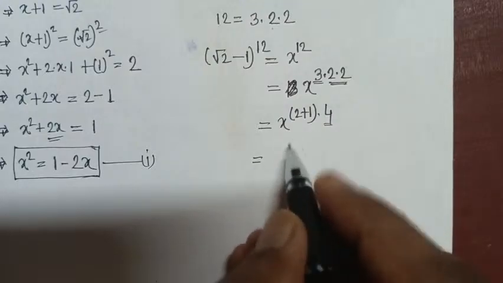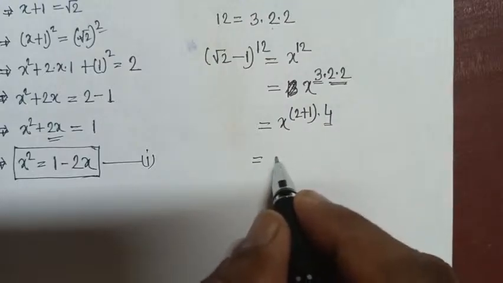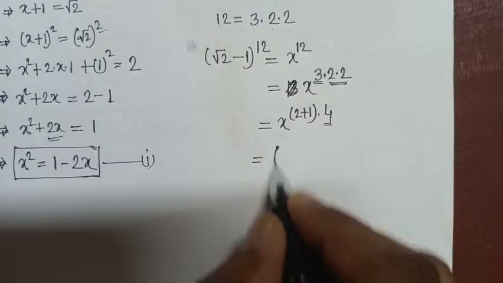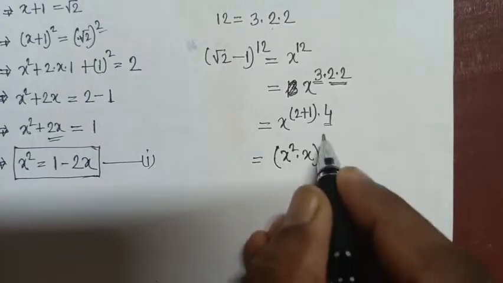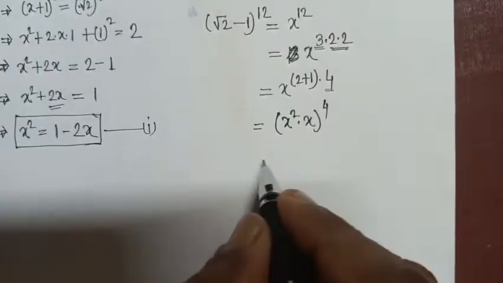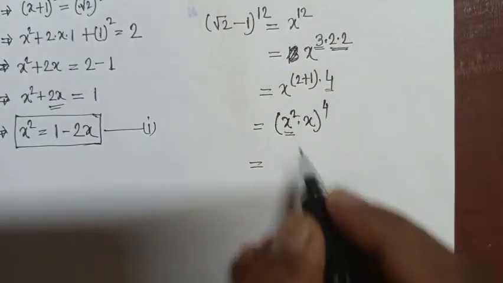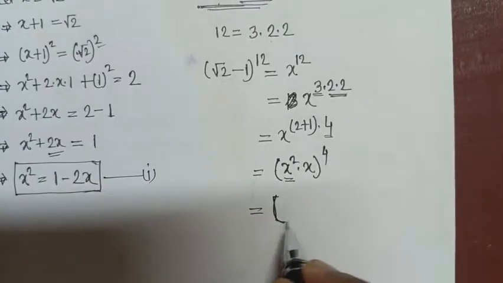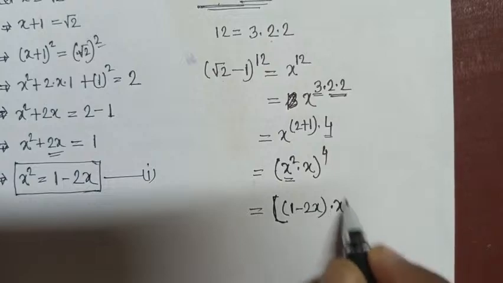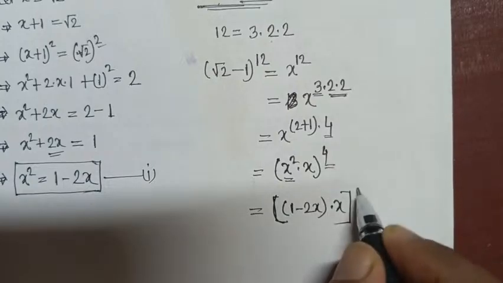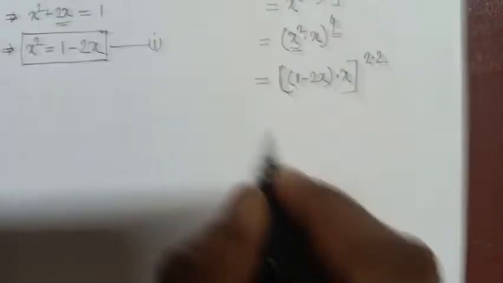So now we can write x square into x to the power 4, and this x square we can write as 1 minus 2x. I have just replaced x square with 1 minus 2x, and 4 can be expressed as 2 times 2.